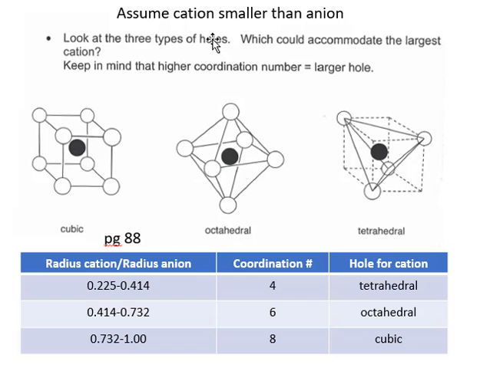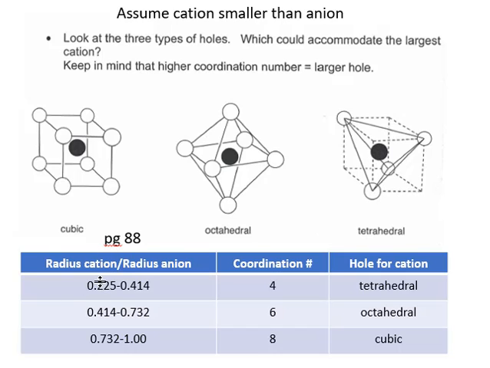So again, here, if we assume the cation is smaller than the anion, we look at the holes. Here's the cubic hole. We said that's the biggest one. The next biggest one was the octahedral hole, and the smallest one is the tetrahedral hole, where you can only get 4 nearest neighbors of opposite charge near it. If we put a cation here that's too big, it won't work.